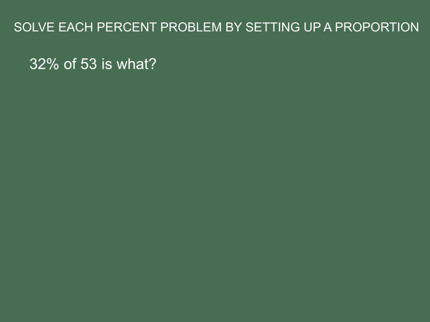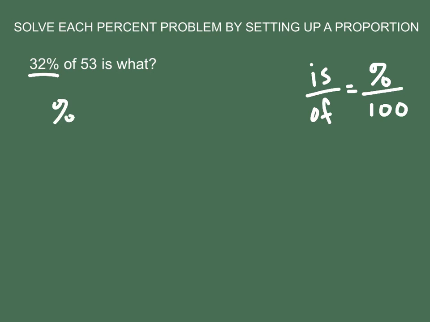On this last problem, same thing: solve each percent problem by setting up a proportion. 32% of 53 is what? I'm going to write out my proportion: is over of is equal to your percent out of 100. That's our formula. So 32%, our percent is equal to 32. Our of value is equal to 53, because it says of 53.